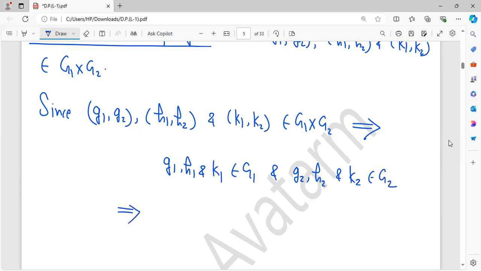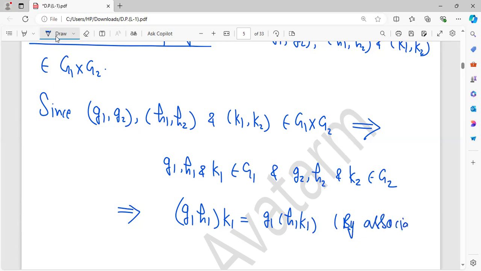This implies g1(h1k1) is equal to (g1h1)k1 by associative property in G1. Okay. Because G1 is a group, associative property holds in G1.